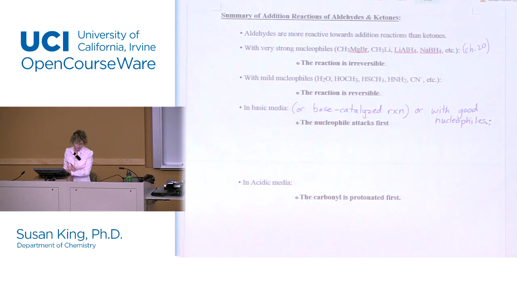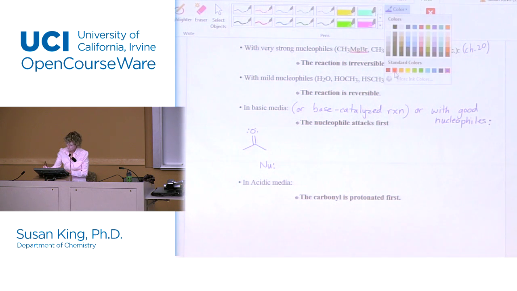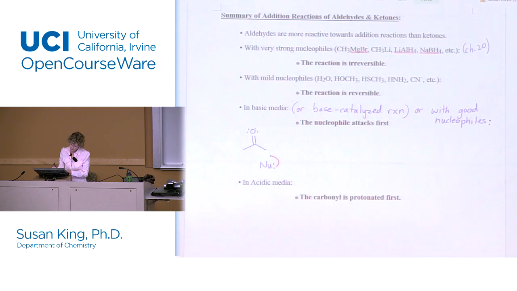The nucleophile attacks first. So we have our carbonyl. We have our nucleophile. We'll just use a generic nucleophile here. And the nucleophile comes in, attacks the carbonyl, and we kick electrons up onto oxygen.